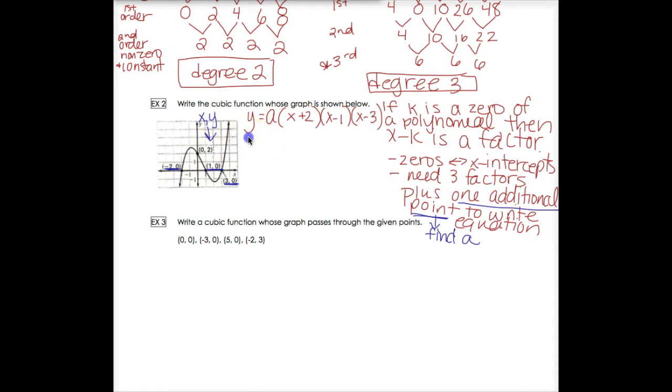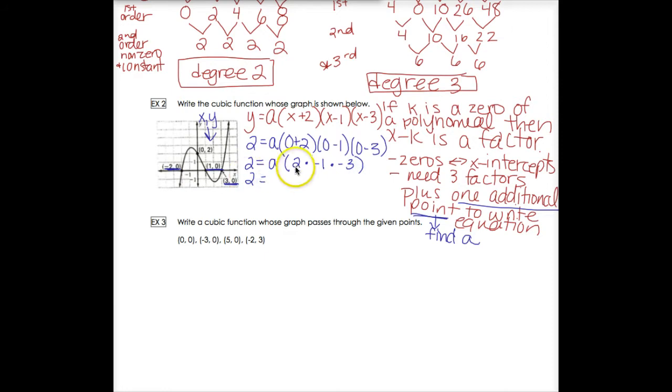So 2 is the y value, equals a is what I don't know and what I'm trying to find. X is 0. So I've got 0 plus 2 times 0 minus 1 times 0 minus 3. So I've got 2 equals, I've still got the a, that's going to be 2 times -1 times -3.